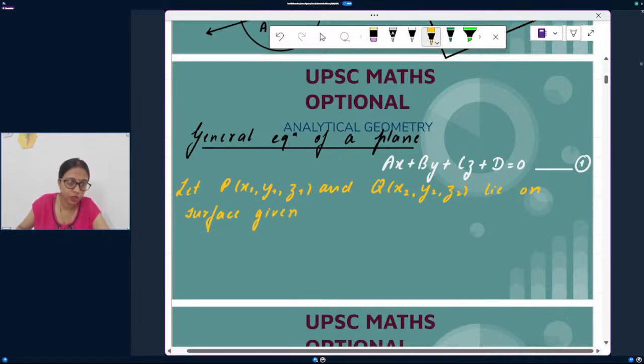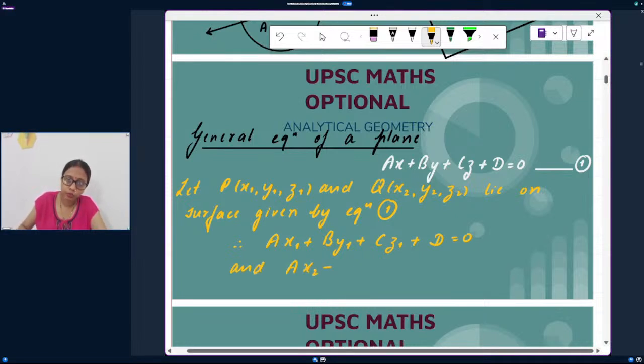I'm not calling it a plane actually because I'm proving that it's a plane. Now note, if 2 points are on it, that means they satisfy the equation. Therefore, a times x1 plus b times y1 plus c times z1 plus d is equal to 0, and ax2 plus by2 plus cz2 plus d is equal to 0. Second and third.